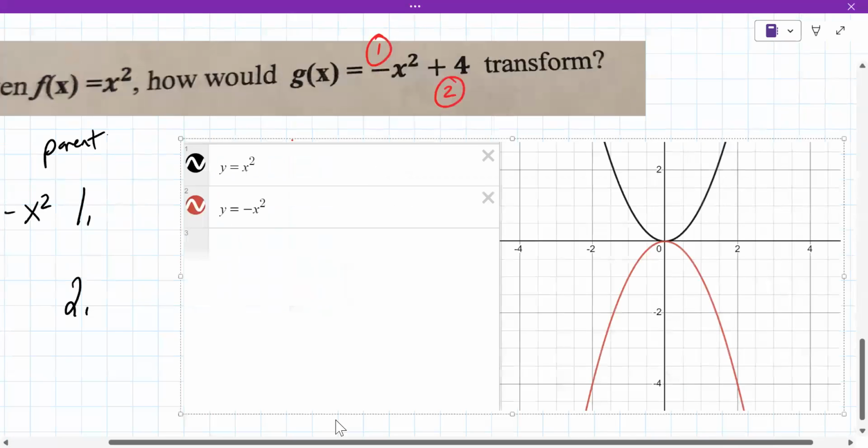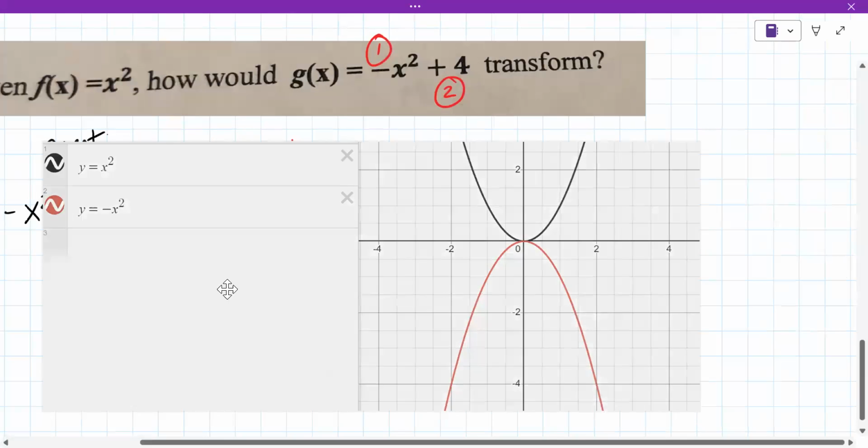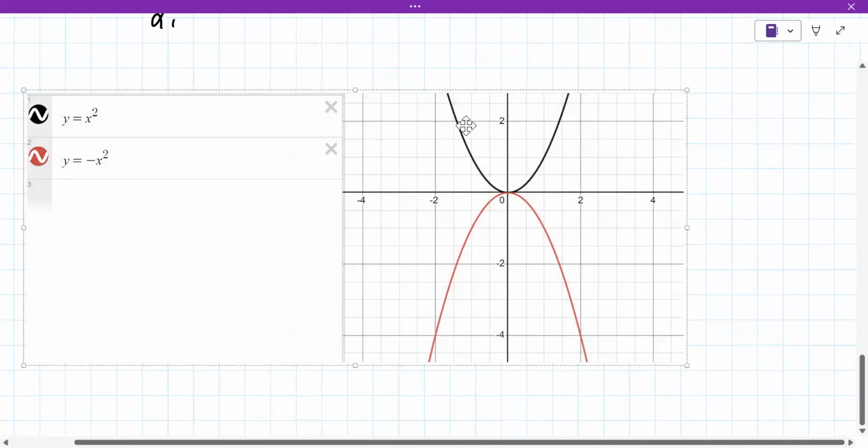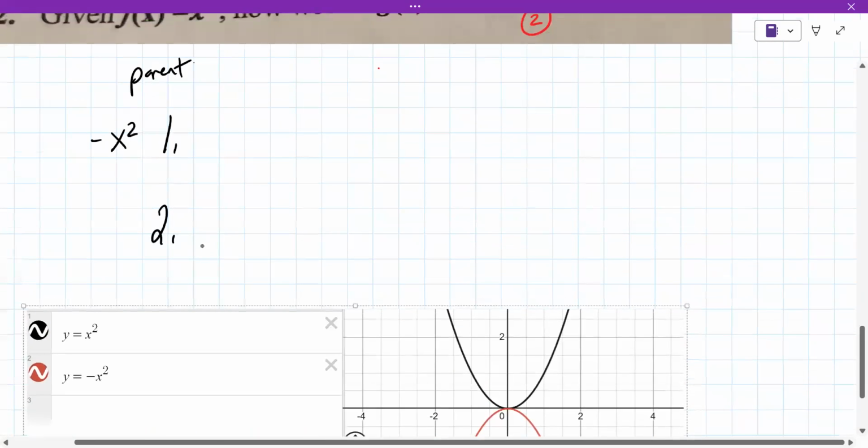So what I've done here is the black is x squared, the red is minus x squared. Visually, you can say, okay, it's reflected over the x-axis. So that's what they're looking for. Reflection over x-axis.